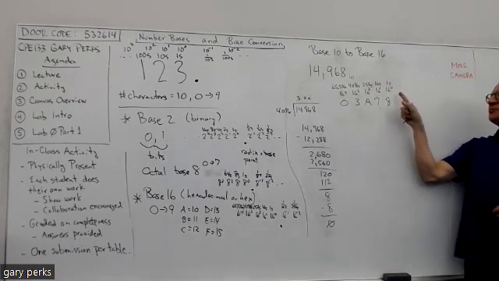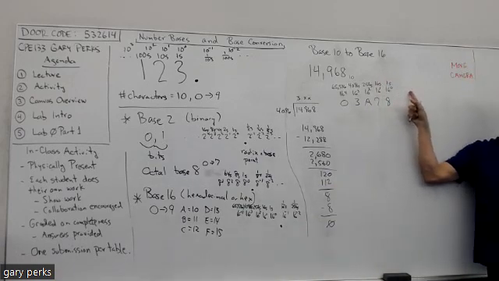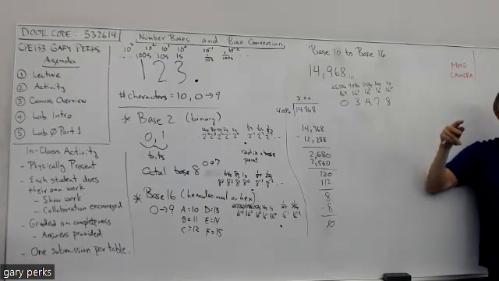Now, if there was a decimal, it's the same idea. Whatever this decimal number is, you'd have to see how many 16ths are within that decimal part. And if you had some left over, you'd have to see how many 256ths, but that can get really gnarly really quickly. That's why I didn't want to do it on this.